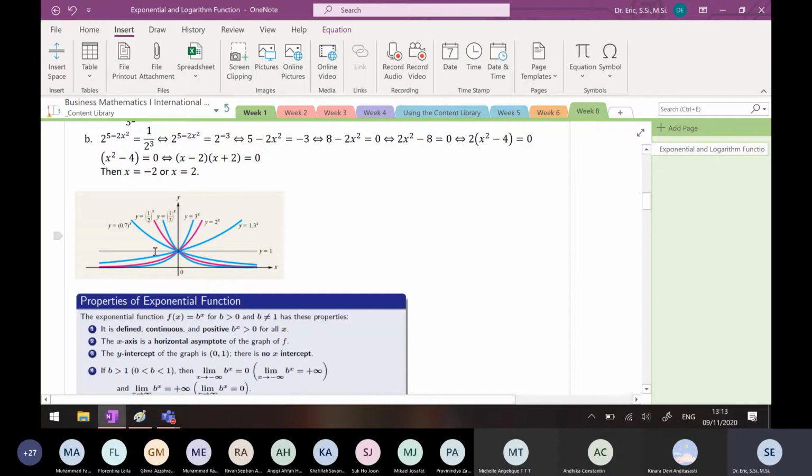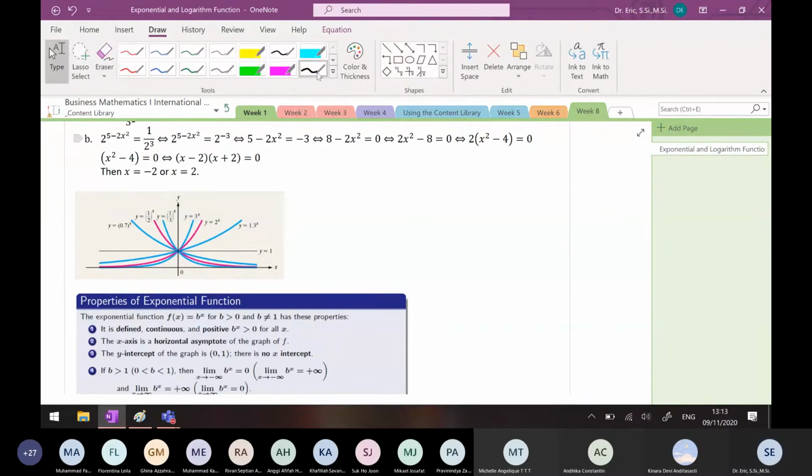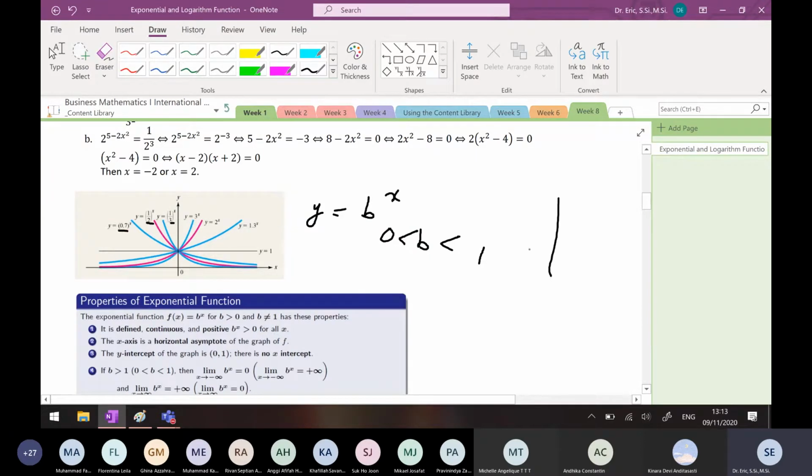Okay, and you have here, if the base is from 0 to 1, so if I have y equals b to the x, when b is from 0 to 1, this one, 1/3, 1/2, 0.7, you will have this kind of graph.